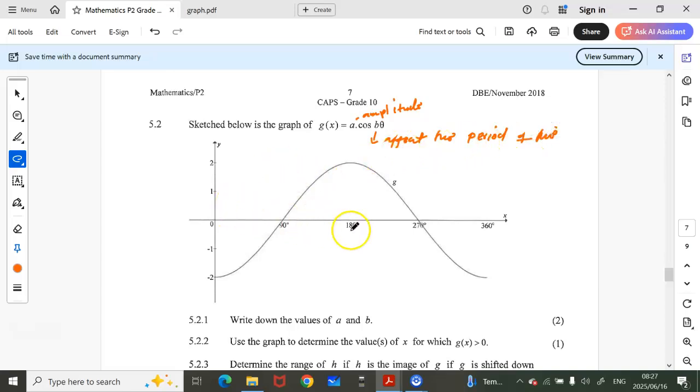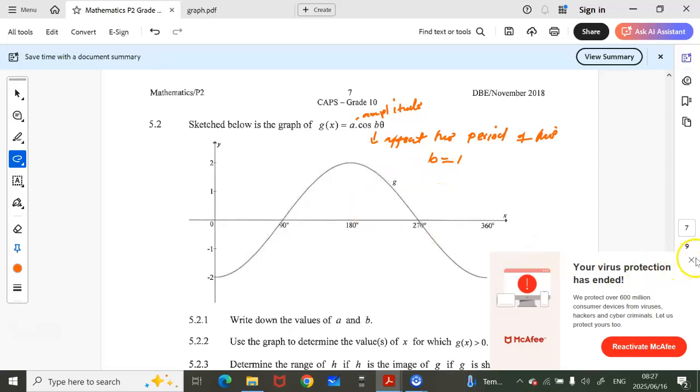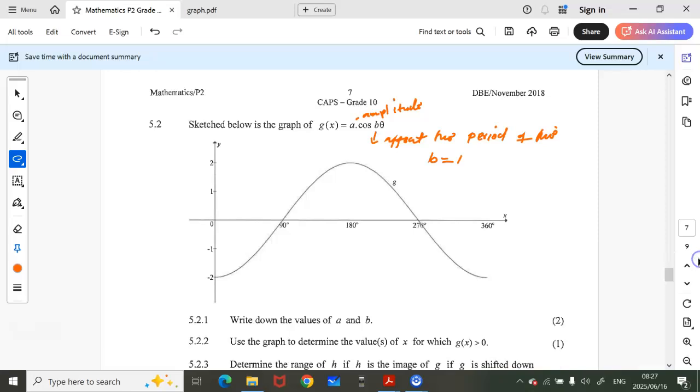As we look at this one, we can see that the graph still passes through the original points, meaning the value of B in this case is 1, because there's no change. If there was a change, the graph would not pass through the same original points. So this one is still passing through the same original points. That means our B is equal to 1.